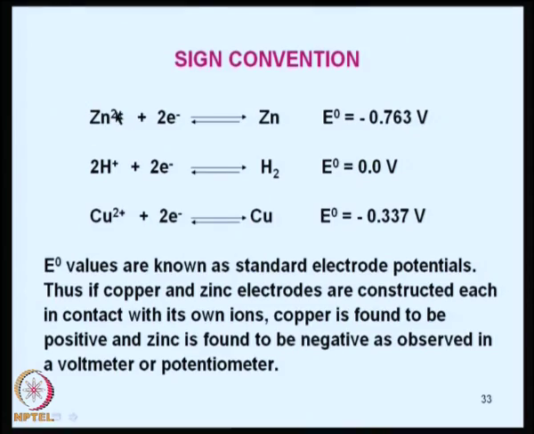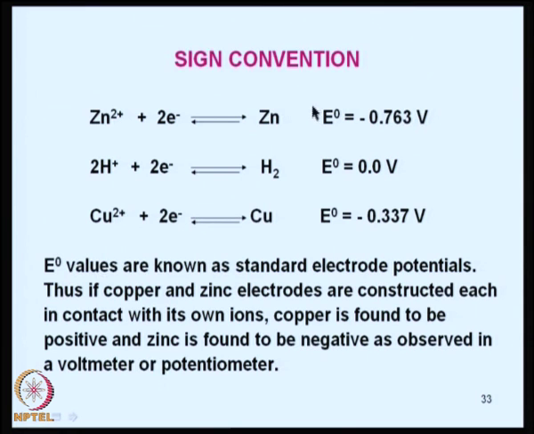And the sign convention says that Zn2+ plus 2e-, this is how we are writing it, shows minus 0.763 volts, and a hydrogen electrode I am writing in the same way, H+ and electrons on the left side and the reduced species on the right side, it shows 0.00. And Cu2+ plus 2e- going to Cu is 0.337 volts.